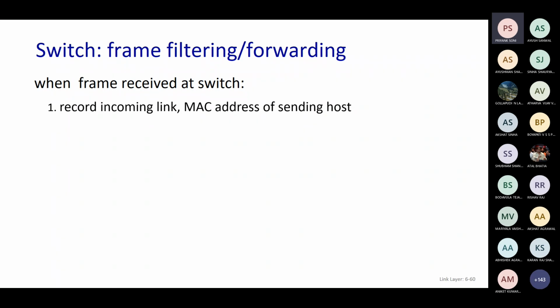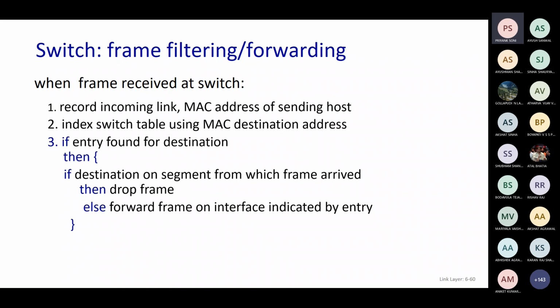Now, frame filtering and forwarding. What happens when a frame is received at the switch? First, as we just saw, we record the incoming link and the MAC address of the sending host. Now you index the switch table using the MAC destination address.